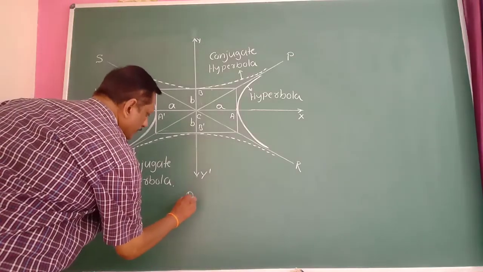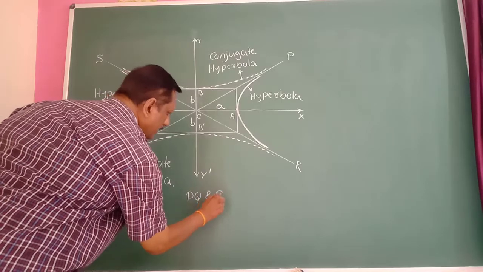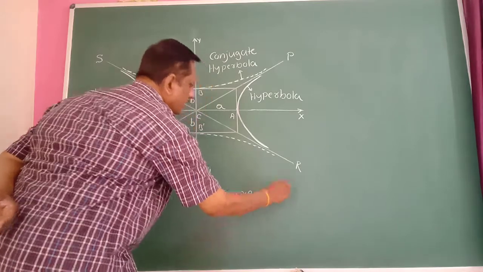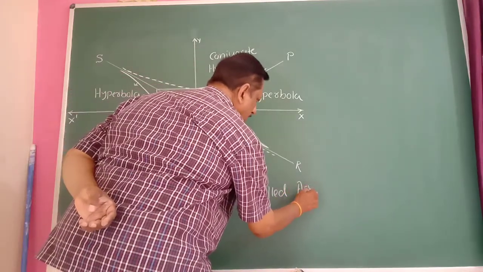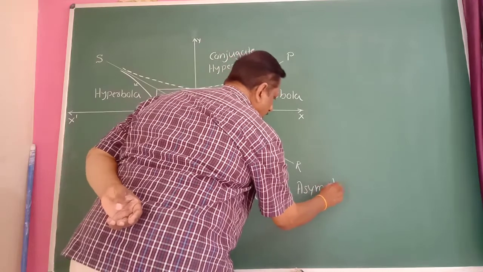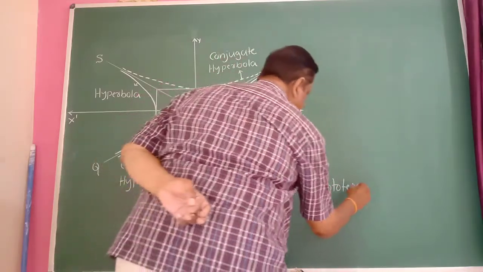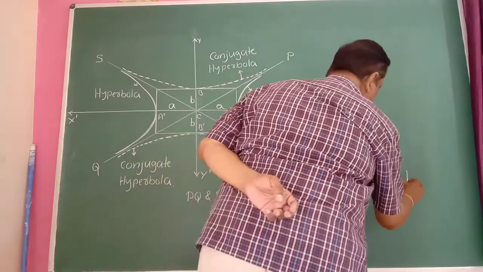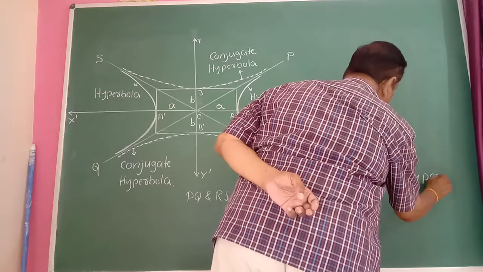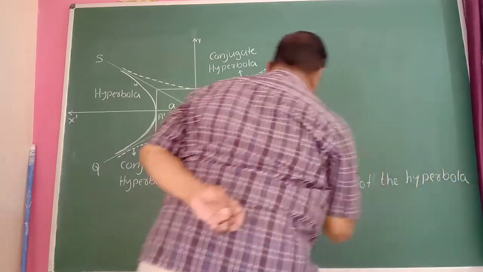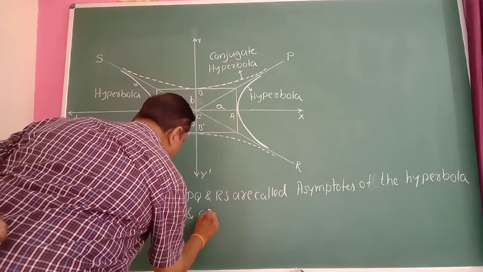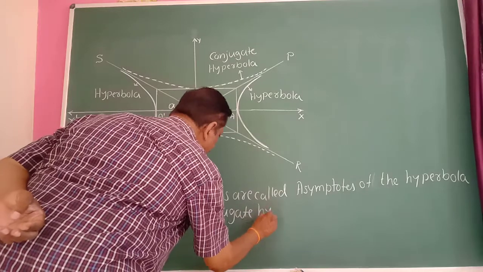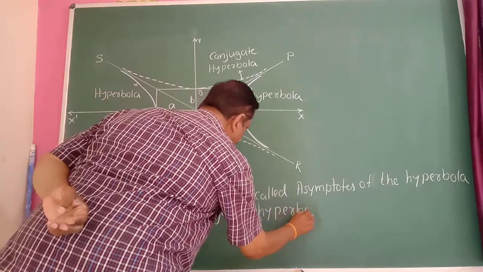Okay, PQ and RS are called asymptotes of the hyperbola and conjugate hyperbola.